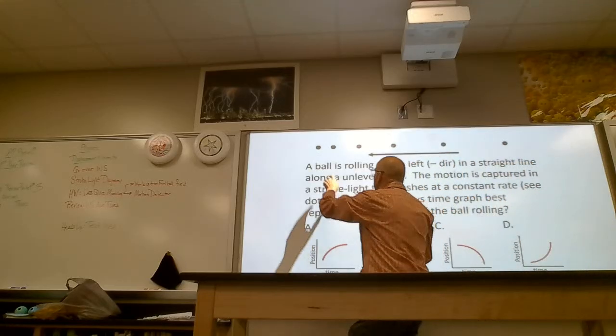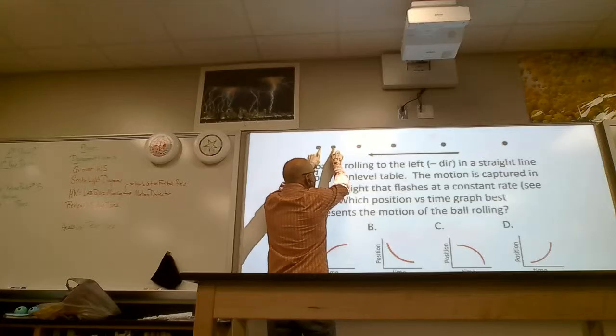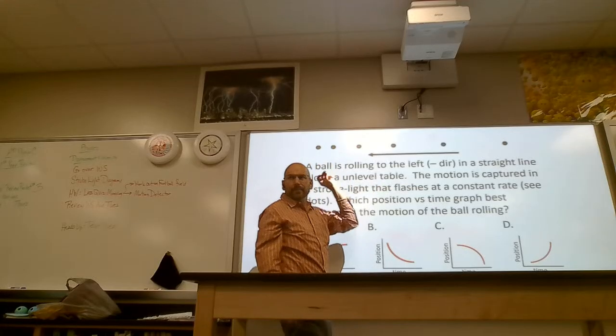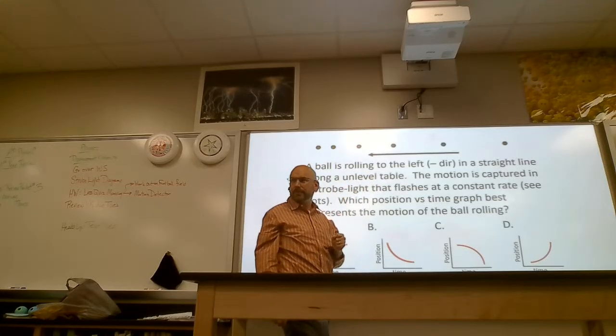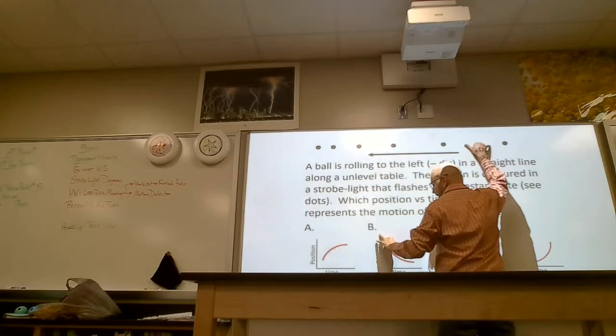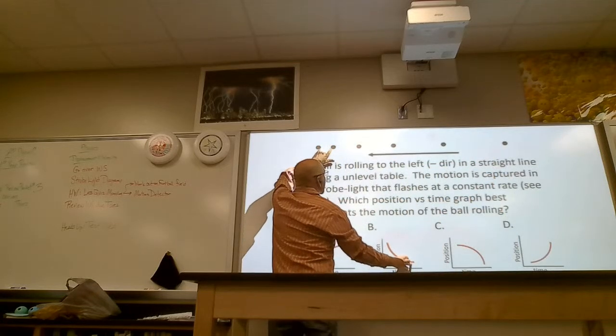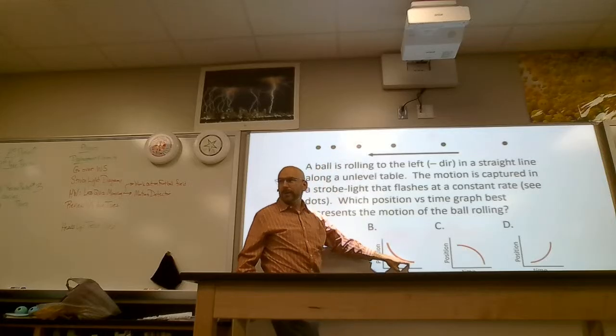Here, you're moving slow because it only covers this distance in that time interval. So steep slope corresponds with fast in the negative direction, shallow slope in the negative direction corresponds with slow.